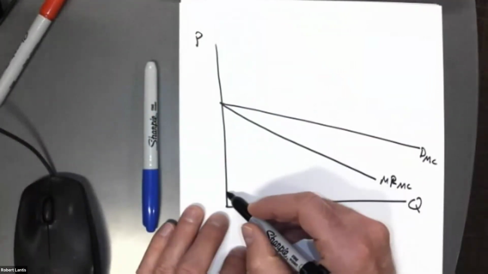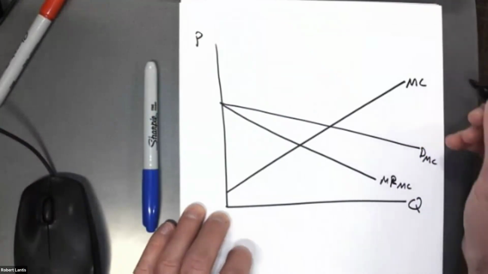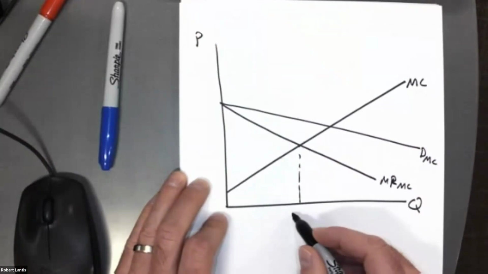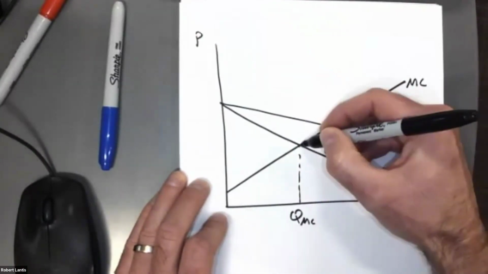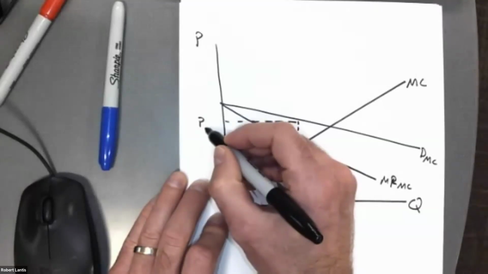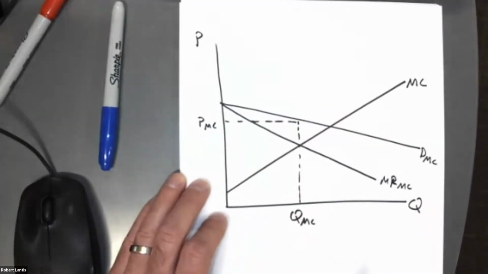They then have some increasing marginal costs, right? And they choose the quantity where marginal revenue is equal to marginal cost. They then go up to their demand curve to set that price. Okay.